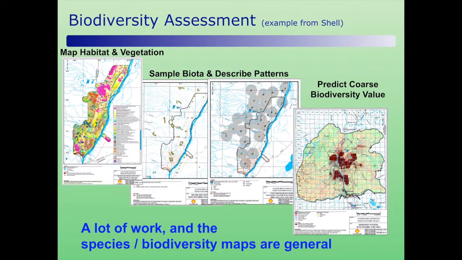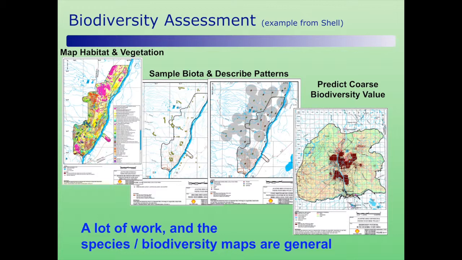Having said that, these maps don't help managers a whole lot. They give some very general patterns about the relative values of different habitats, but it doesn't really influence management decisions a whole lot.